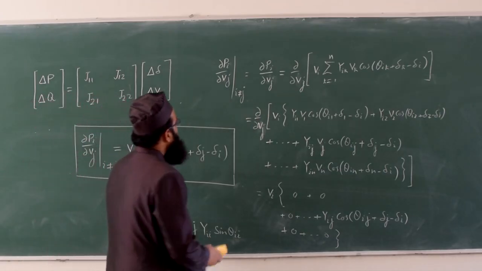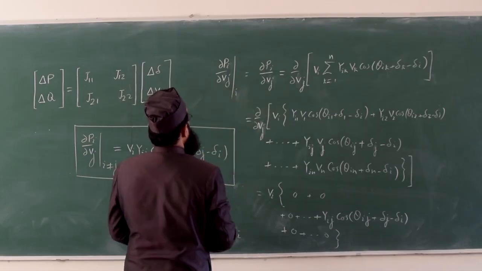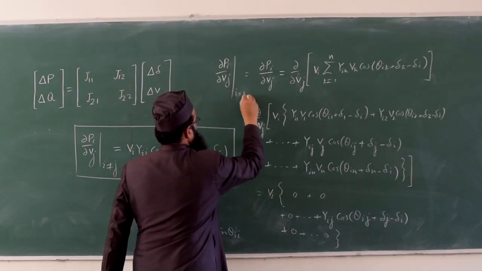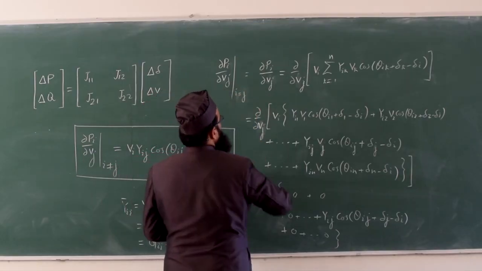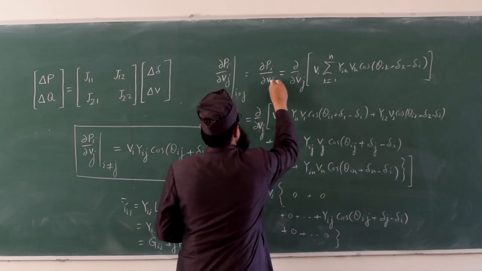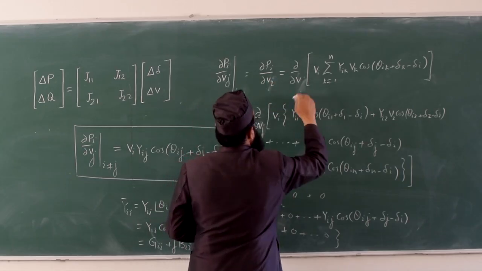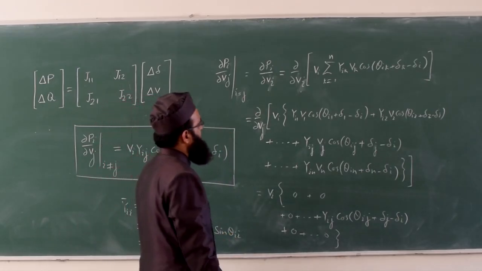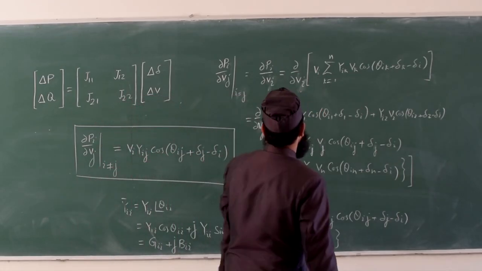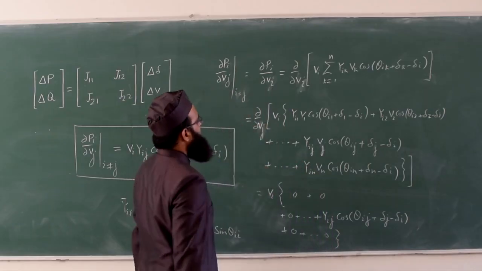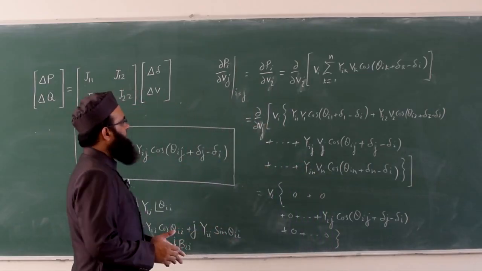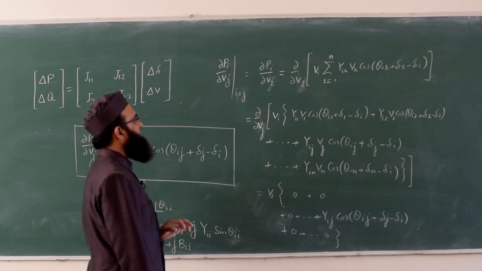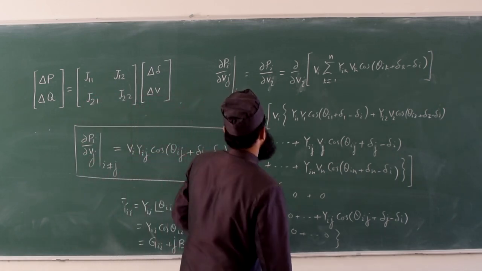Next, when i is equal to j, this will be equal to Vi itself. So, put Vi equal to Vj equal to Vi in the same equation of Pi. Here we will segregate the terms so that we get the ith term separately, because the ith term will behave differently than the other terms.